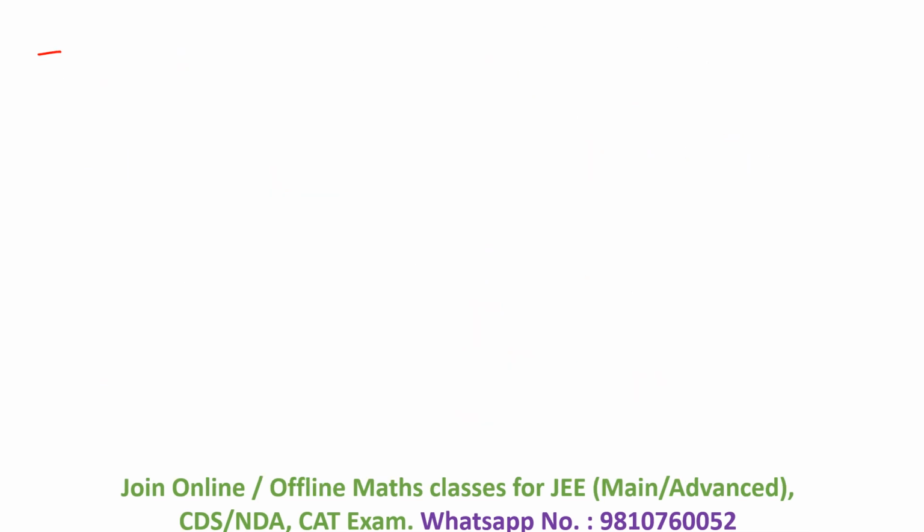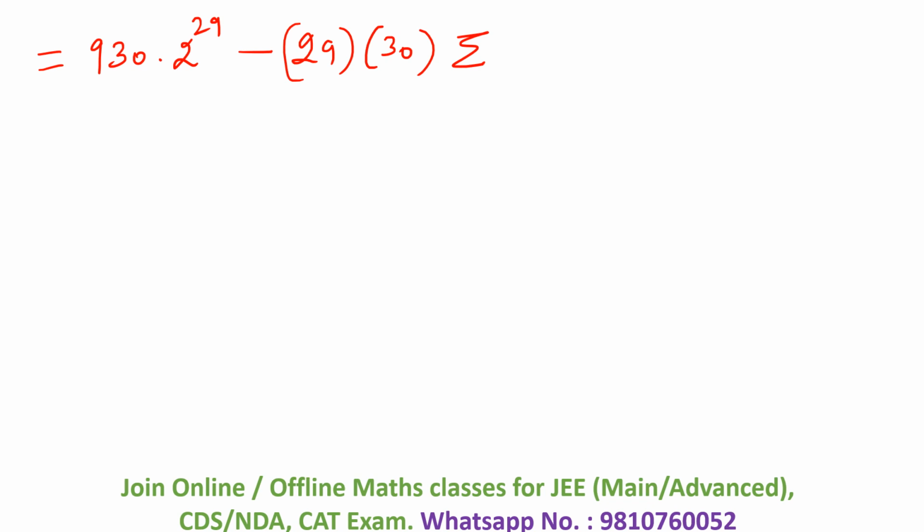Now students, the expression becomes 930 into 2 to the power 29. And from the second summation, just take out 29 common. So now it becomes 29 into 30 into summation. Now when I put r equal to 1, the term becomes meaningless. So I will have to start from r equal to 2. So summation r varying from 2 to 30.